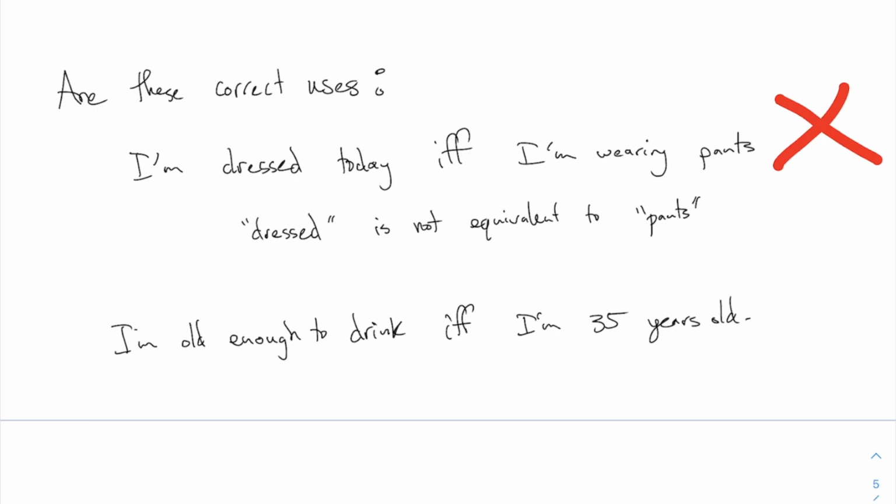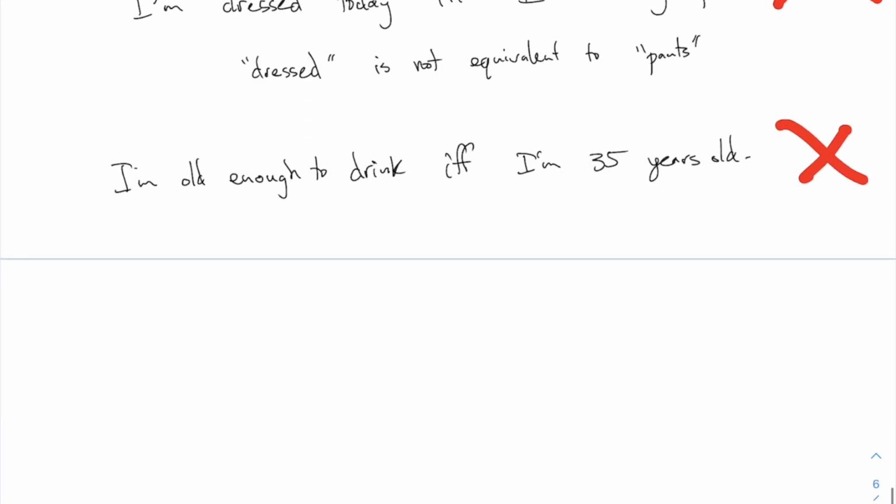They're saying no. Yeah, I think it is not true that being old enough to drink, at least in these United States of America, is equivalent to being 35 years old, right? It's equivalent to being 21 years old or older. These are not equivalent to one another. It is true that if you are 35 years old, then you are old enough to drink, but it's not true the other way around. If you are old enough to drink, it does not necessarily mean that you're 35 years old. All right, so this one also, not quite accurate. This is not a correct usage of the phrase if and only if.